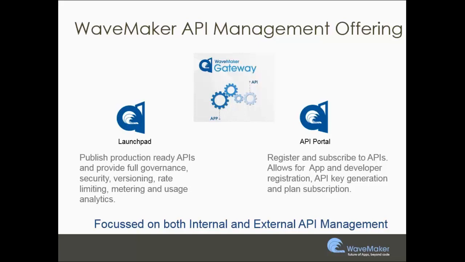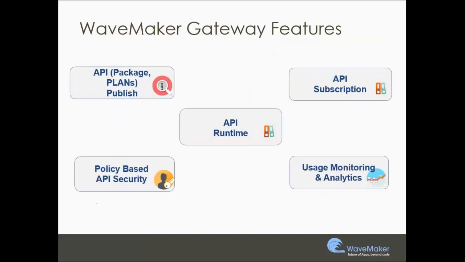WaveMaker's API management is focused on both internal as well as external API management. Some of the key features of the product are the ability for enterprise to provide API lifecycle in terms of publishing their APIs and plans, then being able to do very fine-grained policy management so that the right security controls can be set up according to the business imperatives.